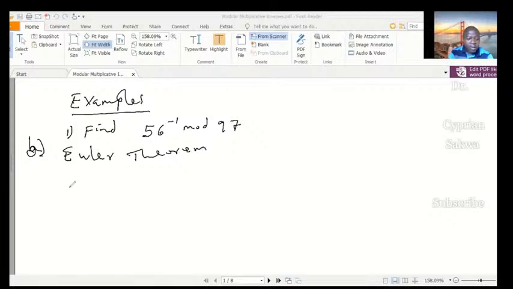Euler theorem says that a raised to phi of p minus 1 will be congruent to 1. Now this will be the inverse.